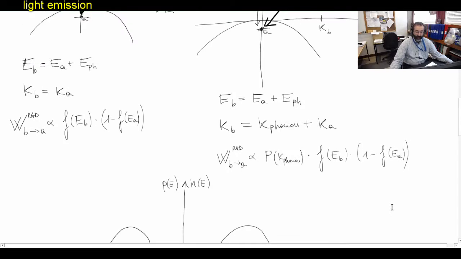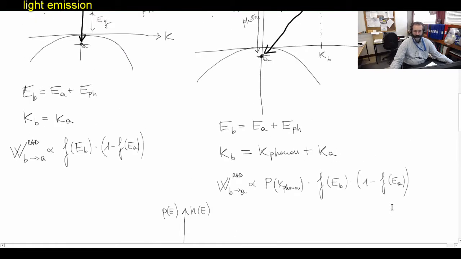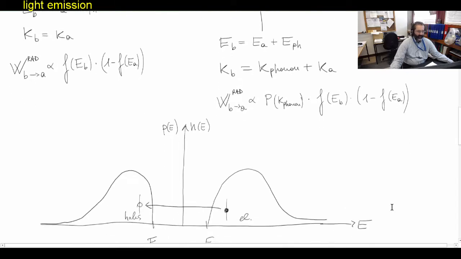Here we would like to do something similar, to understand what the emission spectrum looks like.